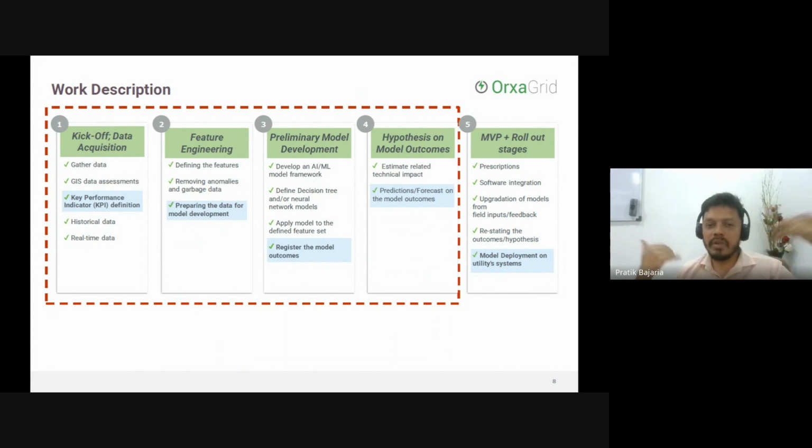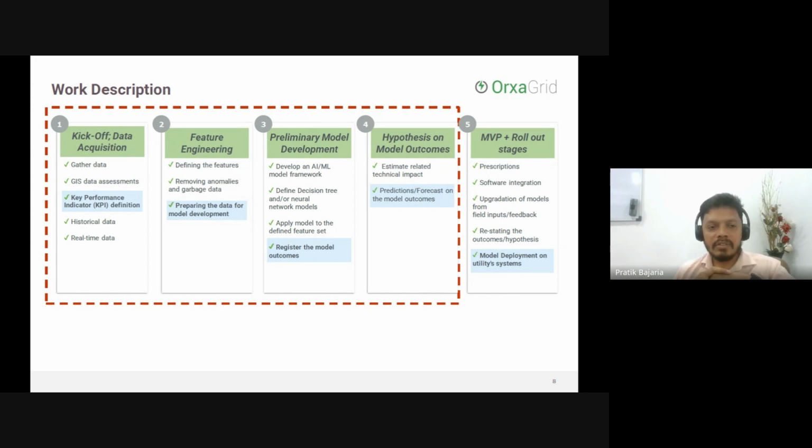For instance, what do we do? At OrxaGrid, we do a kickoff by getting the data, or the data acquisition, which is normally done. We have our own sensors called seed, which we did speak about in our last webinar, which have the capability of getting all the relevant parameters from the electrical feeder lines or the cable lines.